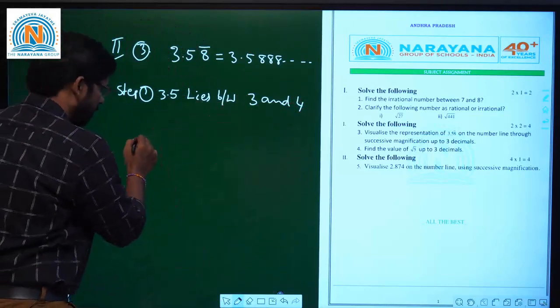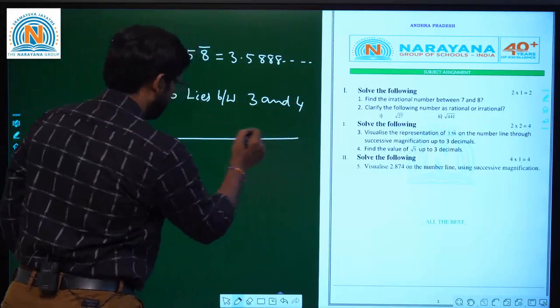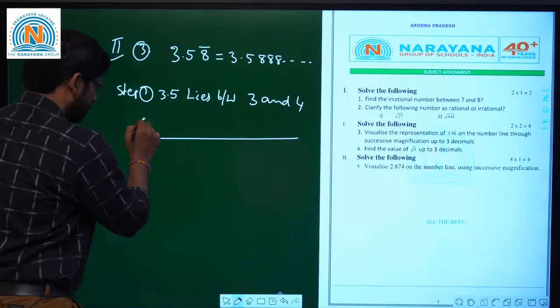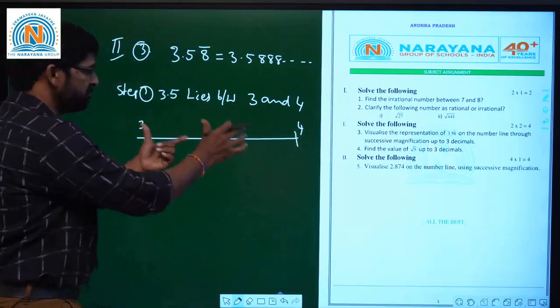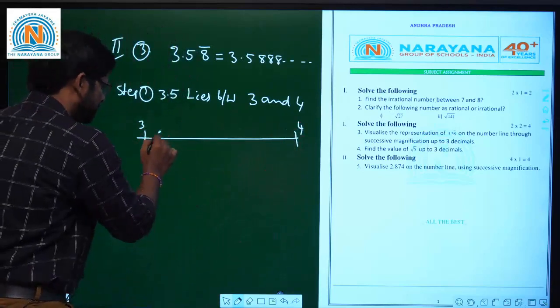Now draw the number line. Each unit is divided into 10 equal parts.